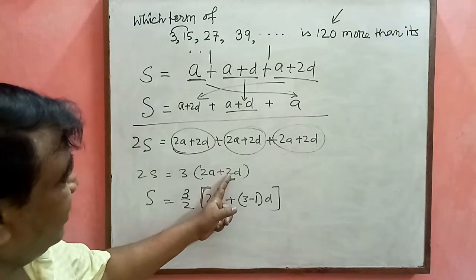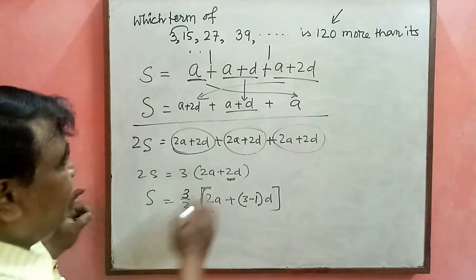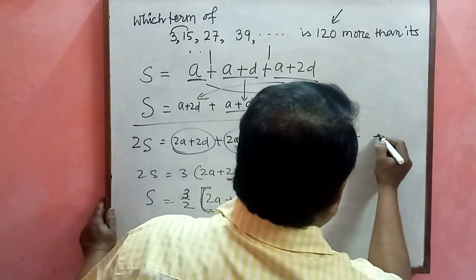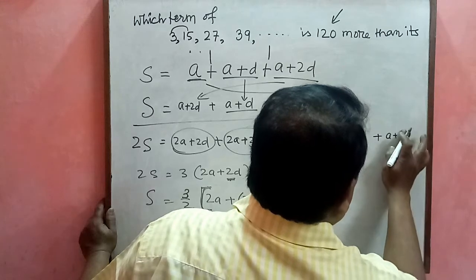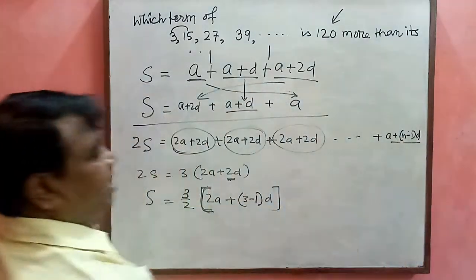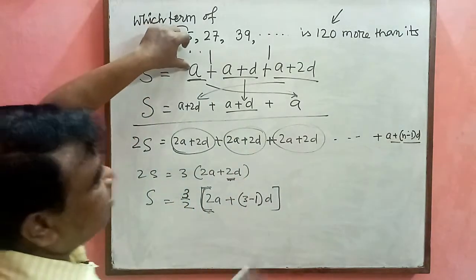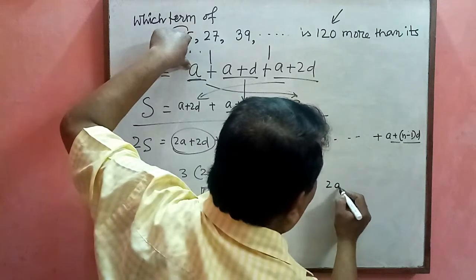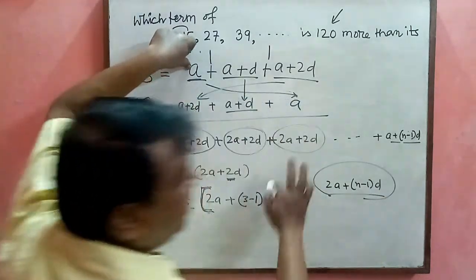This way, if we progress up to A plus (n minus 1) into D, this is the last nth term, and if we take the sum of the first term with this one, this will give me 2A plus (n minus 1) into D, and this will be repeated n times.